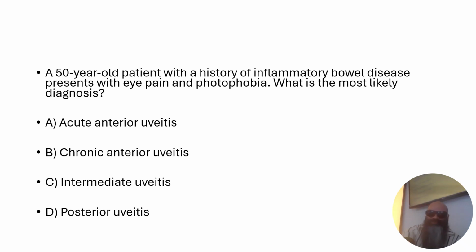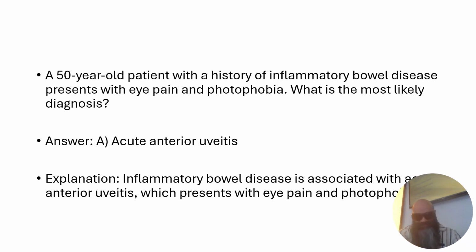Someone said B, chronic. Let's see what's happening. Oh, almost. So go back and review some of the examples of diseases I gave in the medical history that are associated with these eye conditions. Okay. Oh, good job.